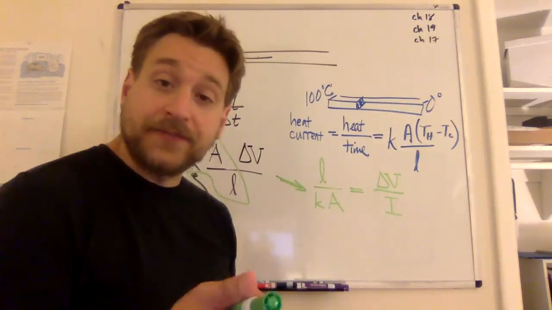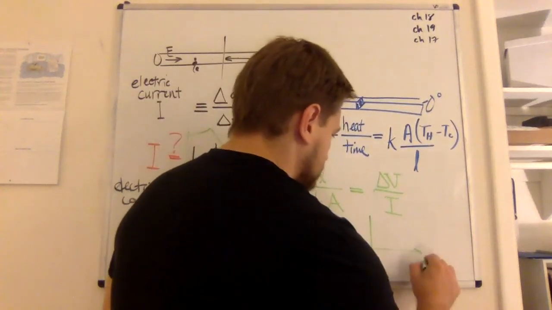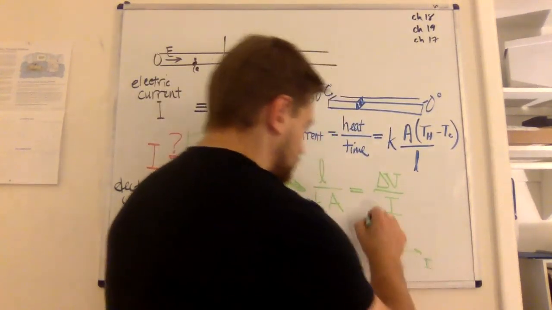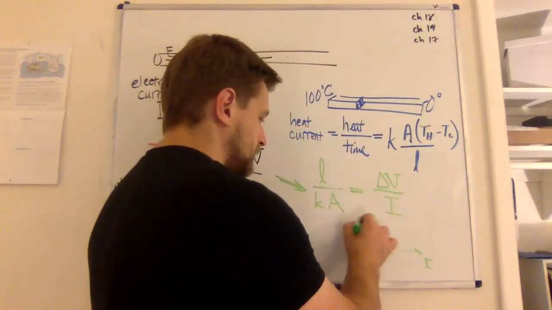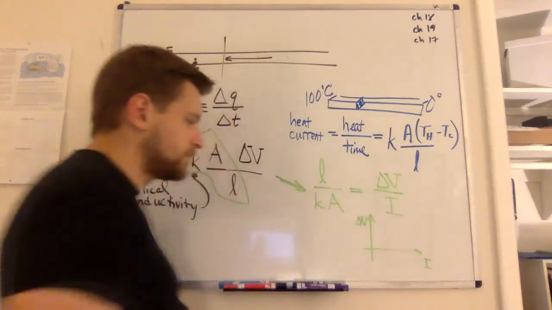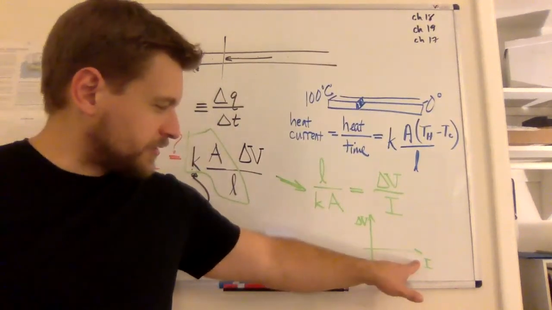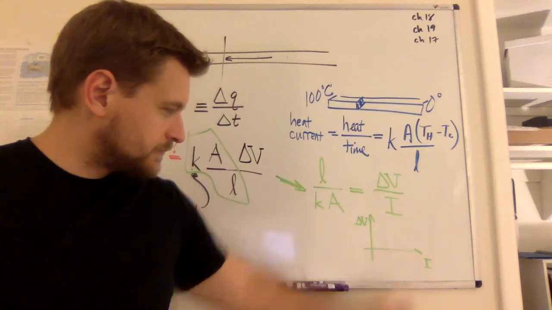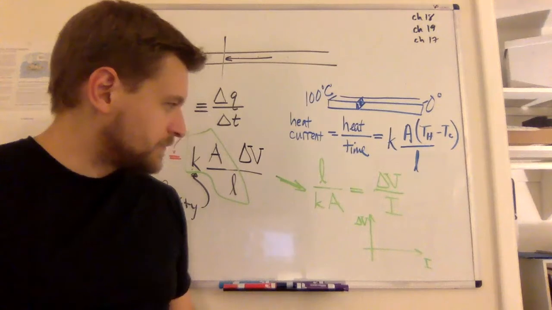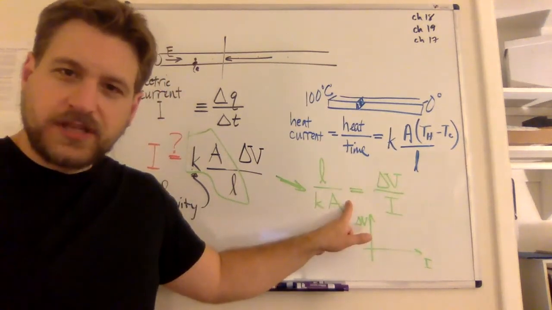That if you graphed potential difference versus current, that y over x, that slope would be constant.